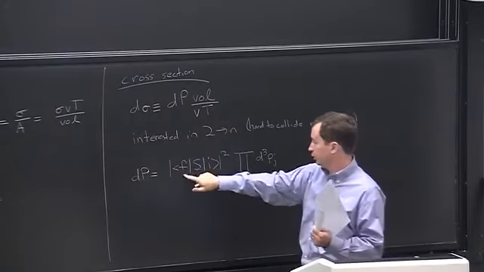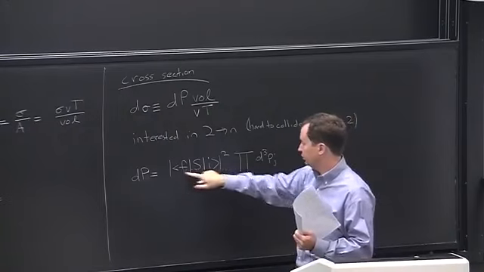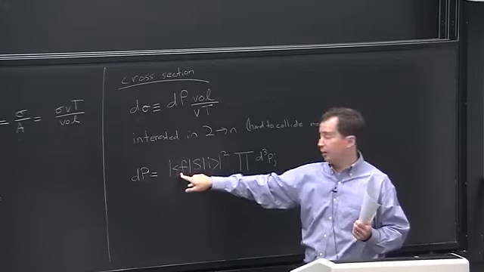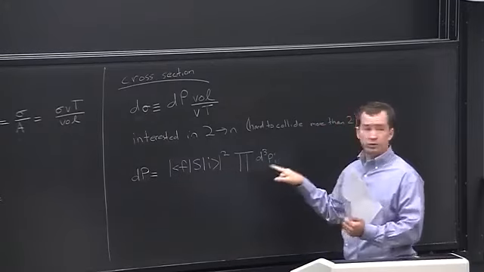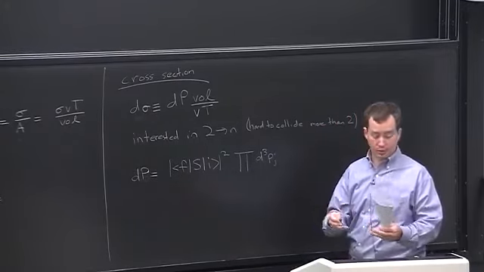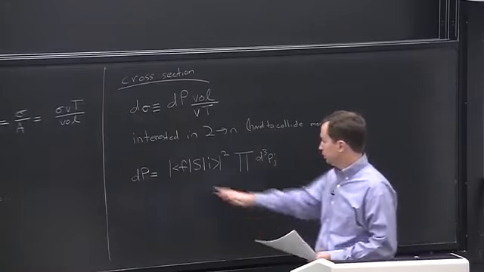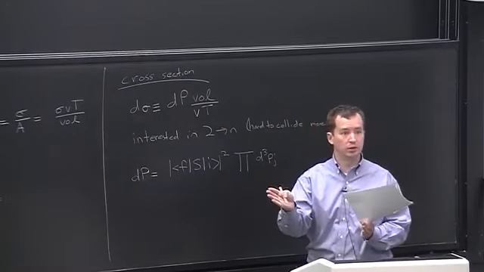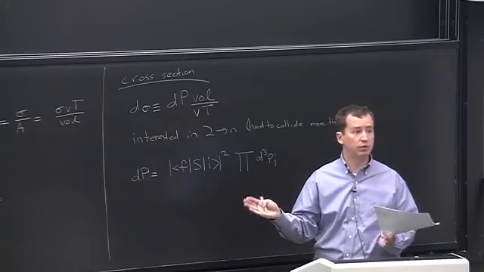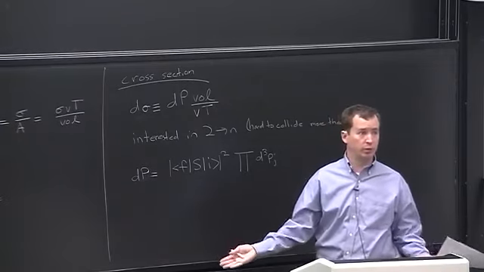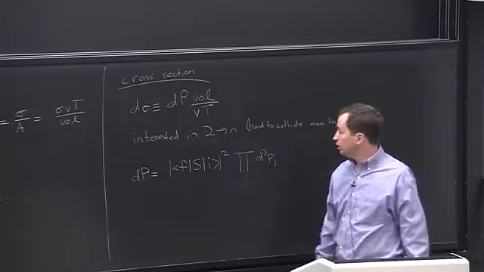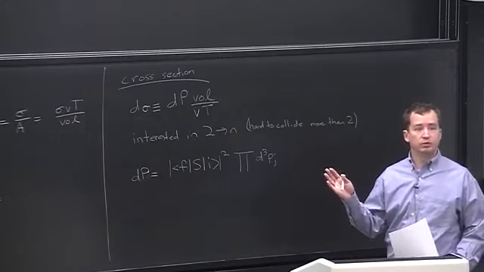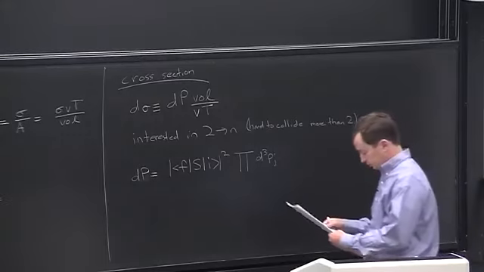And so if we want to compute a transition element to some final state with specified momenta, we need to specify the range of momenta we're looking at. Because if we just specify one particular set of final state momentum, the probability is going to be 0. We need to integrate that over some finite range of final state momenta to get a finite answer.